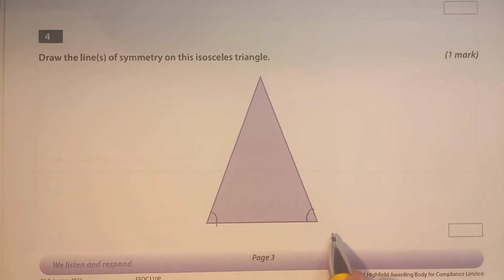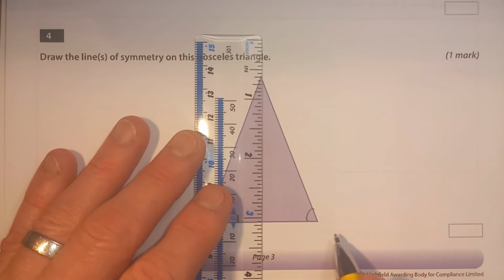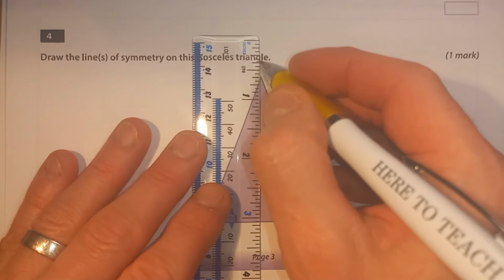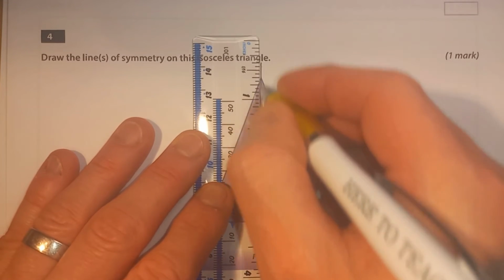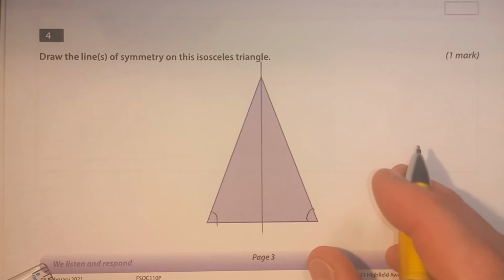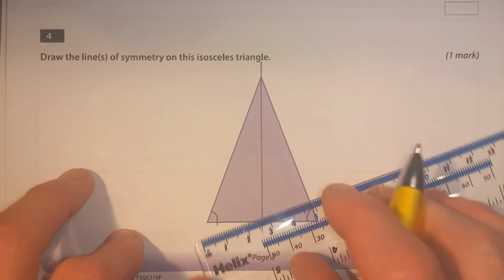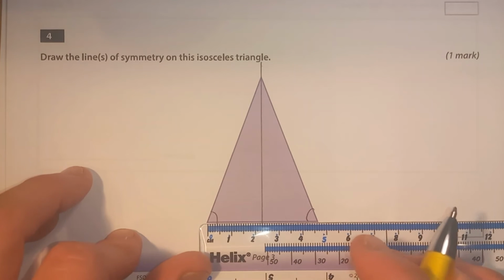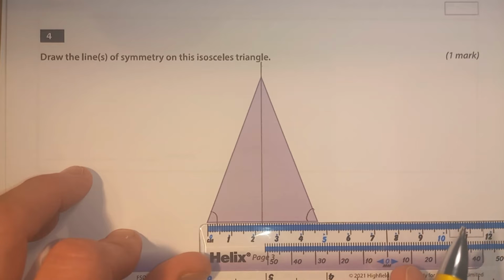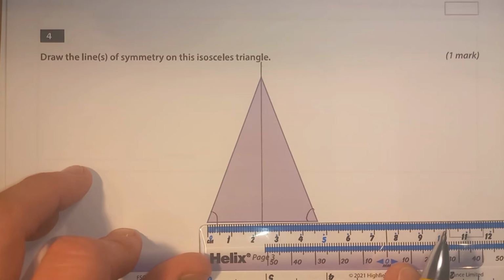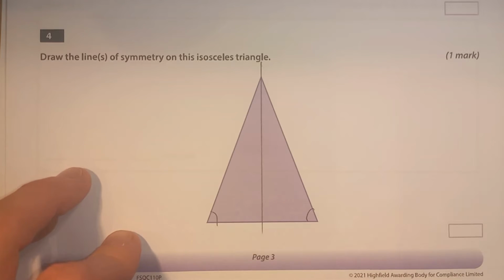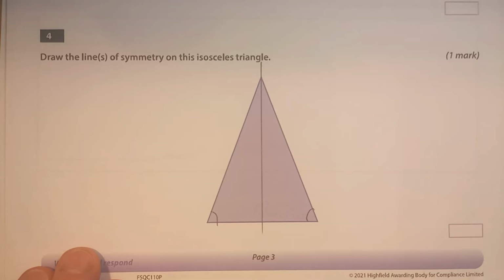So that tells me that we're only going to have one line of symmetry here, and that's going to be straight down the middle. If you want to be completely accurate, you could measure this line here, work out halfway and put it in, but I've done it by sight and I think I'm pretty close there. They wouldn't necessarily expect you to calculate it accurately, so long as it looks reasonable, which that does.